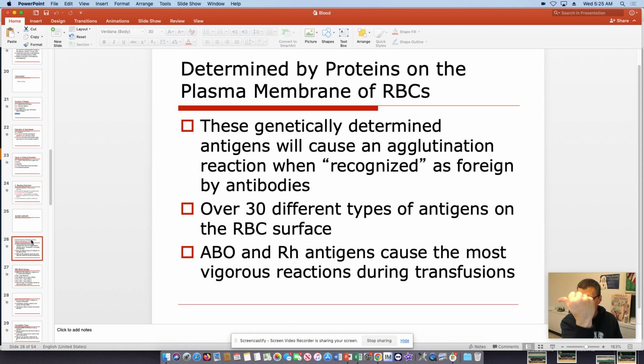Okay, so if this is type O, this one that sticks out on the side would be Rh. So this would be O positive. It's positive because it has this Rh part. Okay, this would be A negative. This would be A positive. Okay, this would be B negative. This would be B positive, as that's sticking out. And then the last one would have A and B and Rh.